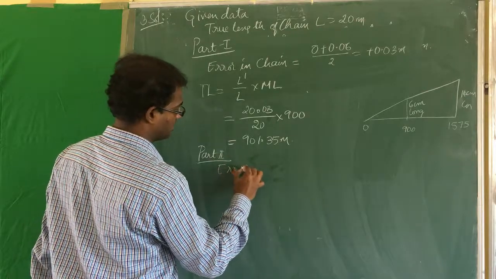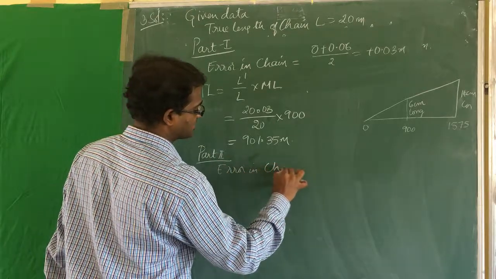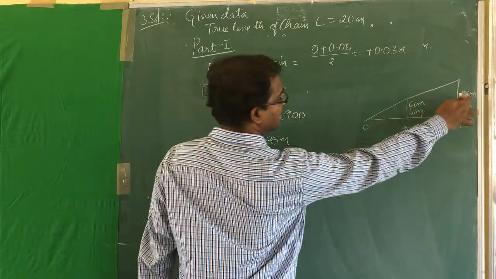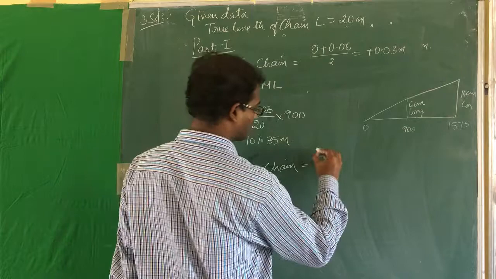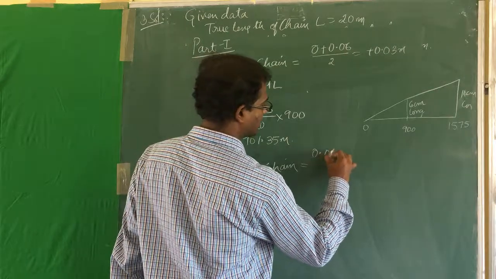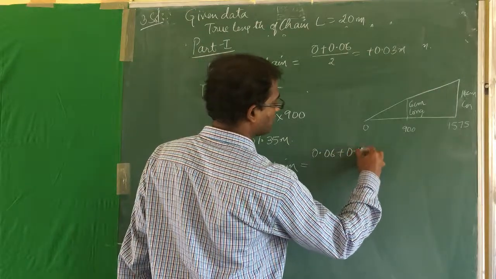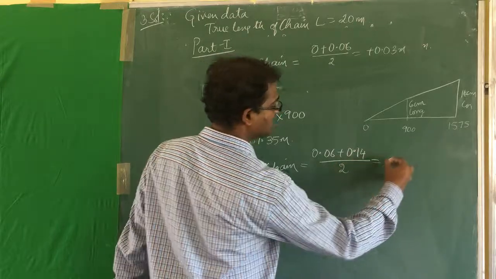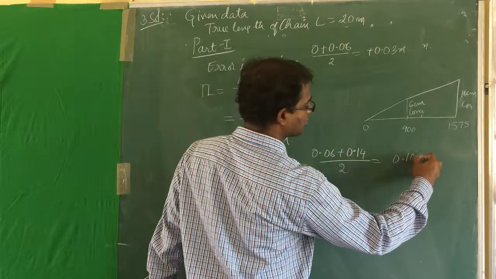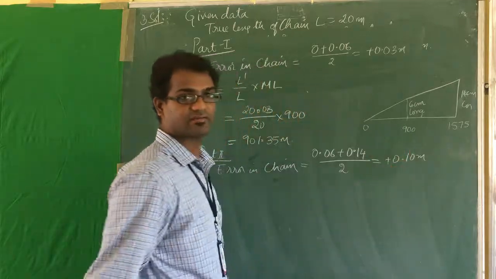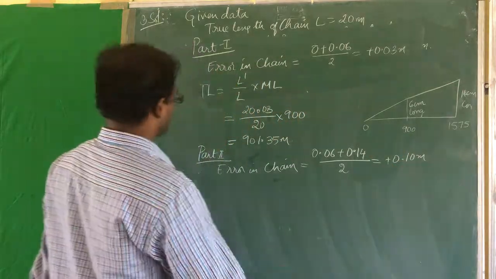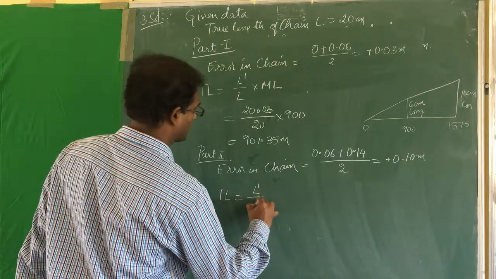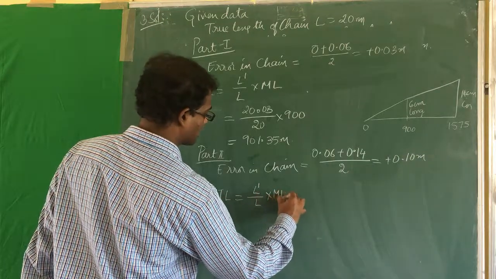In part 2, error in chain is taken as the average of values 6 plus 14 centimeters divided by 2. So 0.06 plus 0.14 divided by 2. This happens to be 0.10 meters positive. Now true length is given by L dash by L into measured length.